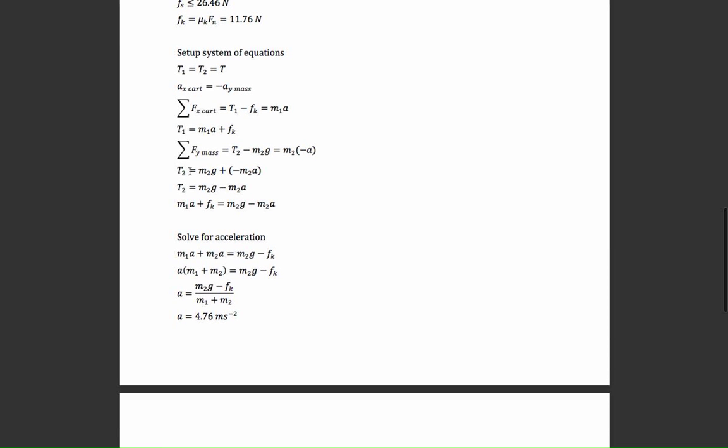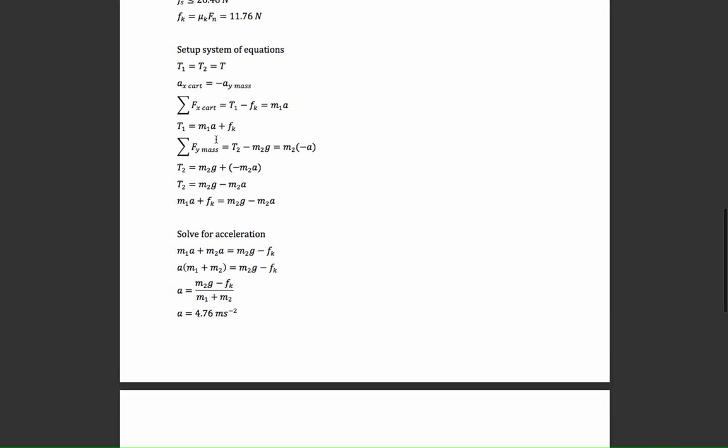Then we can solve for tension 2, which equals mass 2 times gravity minus mass 2 times acceleration. Then we can equate tension 1 and tension 2. So take the two equations and set them equal to each other, like this.